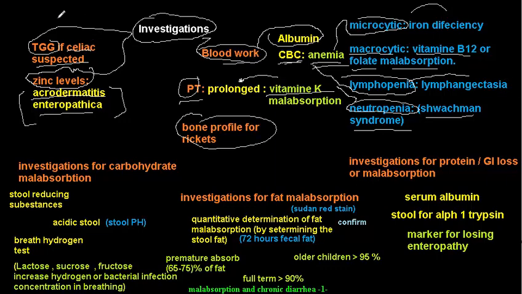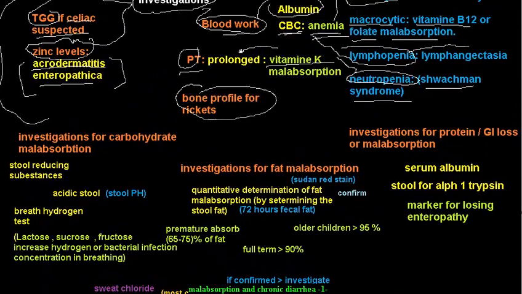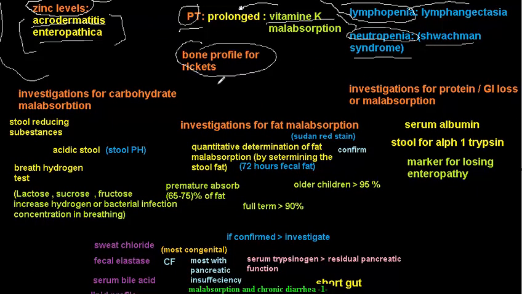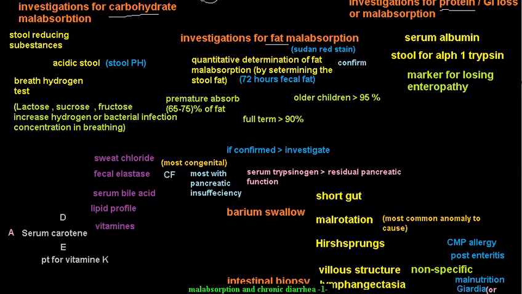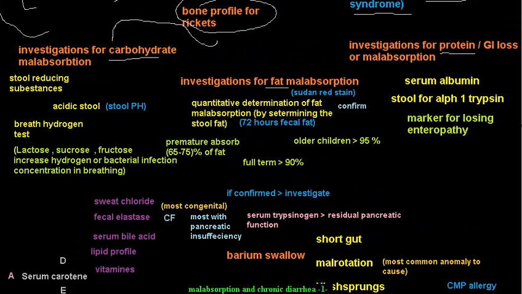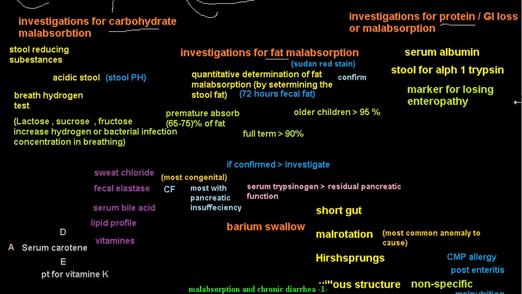These are the general measures that you have to investigate for in malabsorption, but you have specific things to take into consideration if you have, for example, carbohydrate malabsorption or fat malabsorption or protein malabsorption. Each one of them has its own measures, okay.